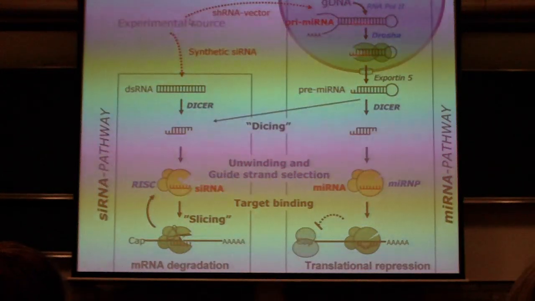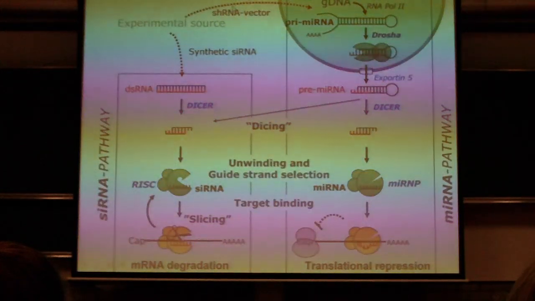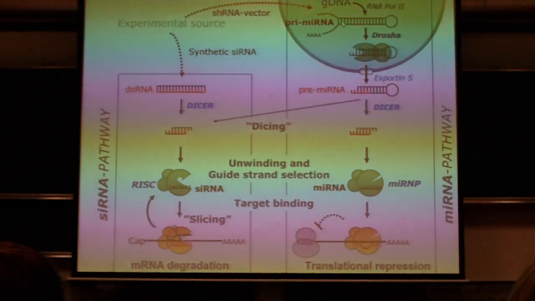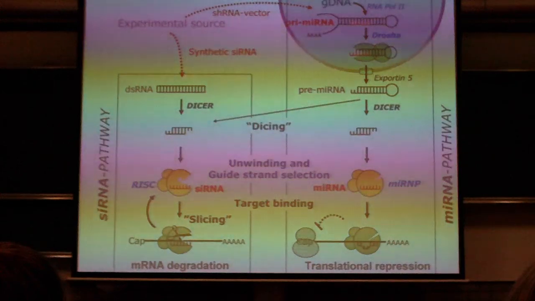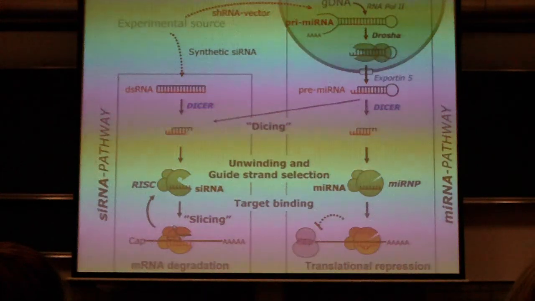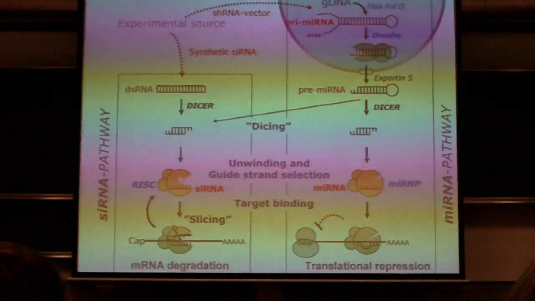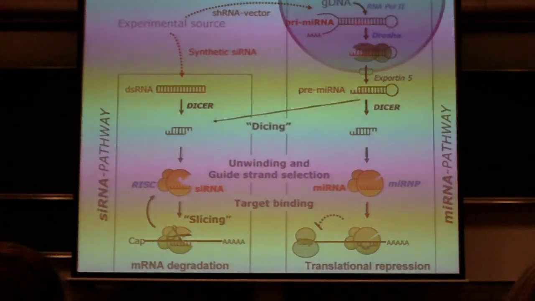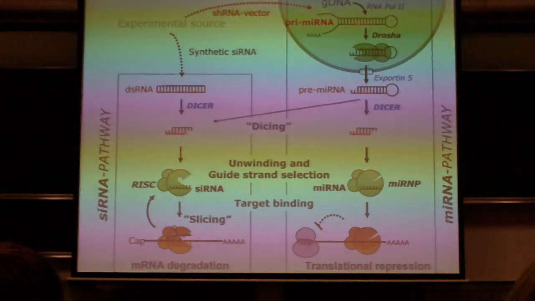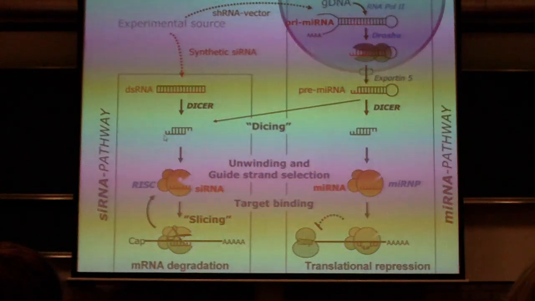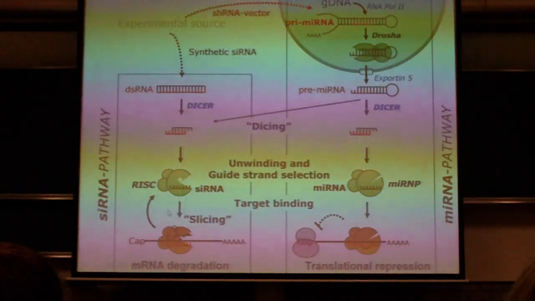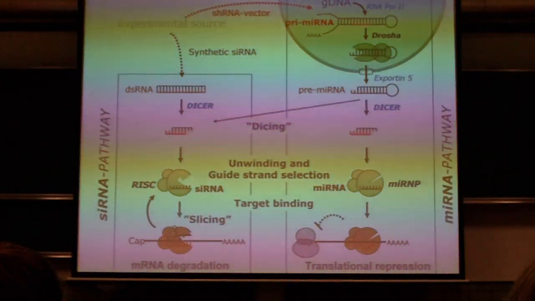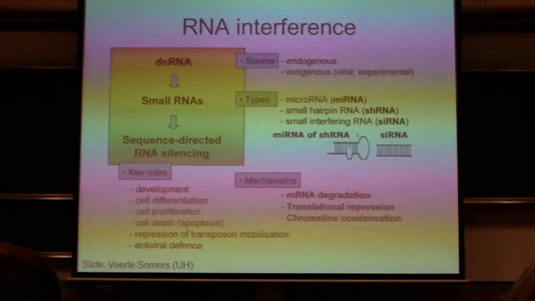You can introduce a short hairpin RNA vector into the nucleus, which is incorporated into the genome of the host cell and then produces endogenous short hairpin RNA, which will then enter the RISC complex and probably function like that because that's the way you designed it. So it functions to degrade the messenger RNA.